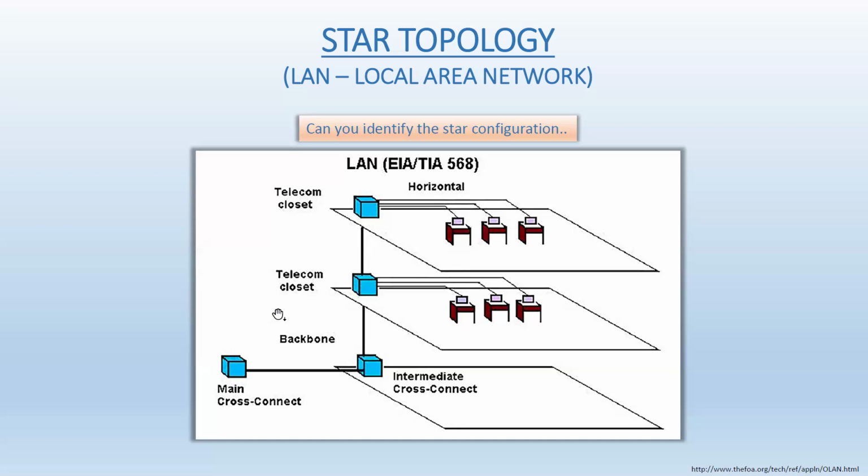So those IDFs are going to be strategically placed around the building, so the lines running up to it are no longer than 300 feet. But if there is more than one switch needed for that area, then you're going to have another switch on top of that, and if there's more, another switch on top of that to accommodate the number of ports that are needed. Those switches are going to be connected to each other to make up one sort of virtual switch. Does that answer your question?